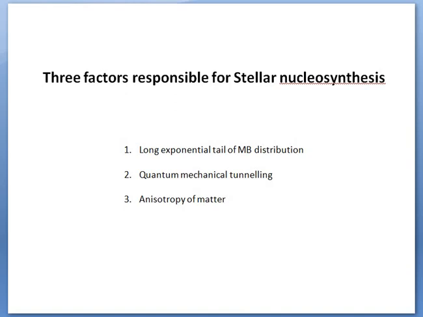Now let me talk about another factor, which is the anisotropy of matter. Normally we do not talk about it, but this is very important. You see, in addition to kinetic energy, a high concentration of particles is also essential to ensure reasonable probability for nuclear reactions to take place.